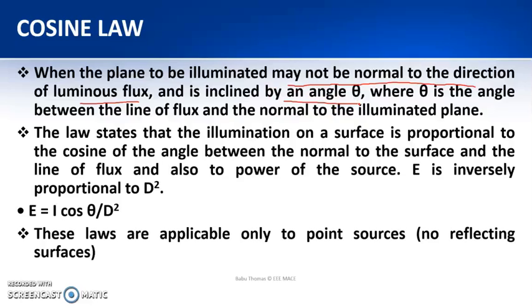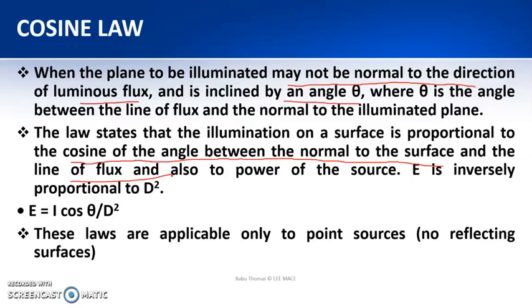This law states that the illumination of a surface is proportional to the cosine of the angle between the normal to the surface and the line of flux. So E is again inversely proportional to d square, which we have already seen from the previous law, and here we will be considering it as I cos theta by d square.